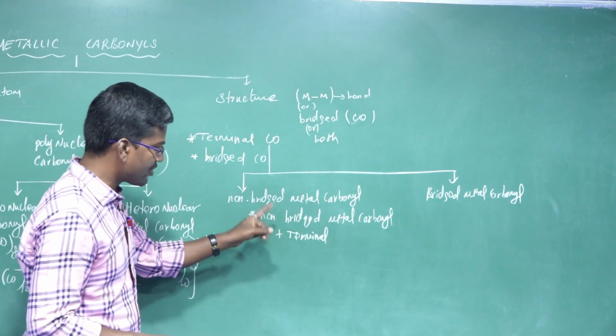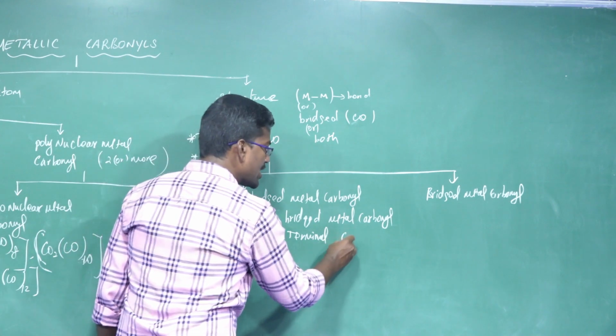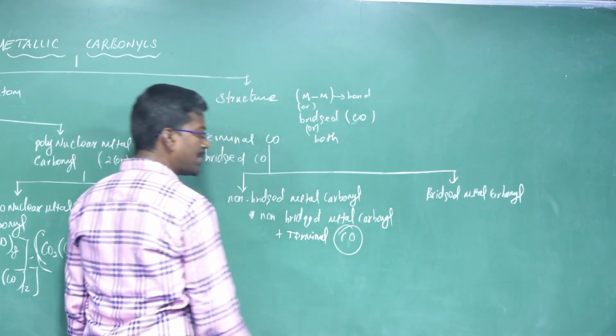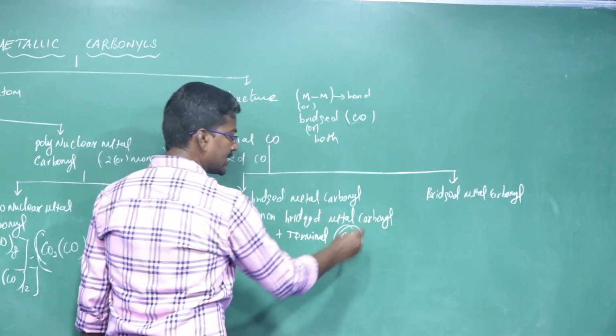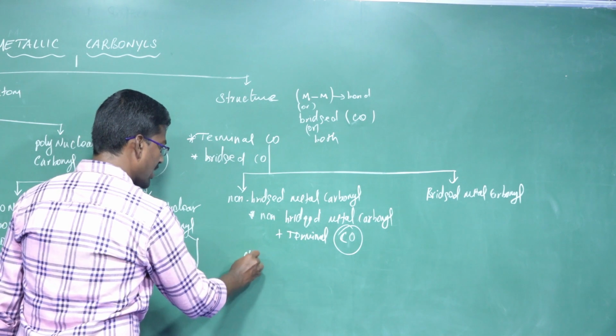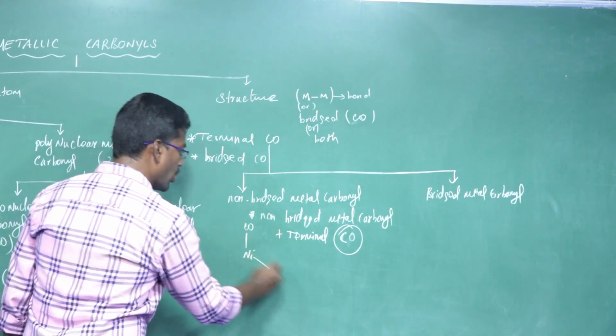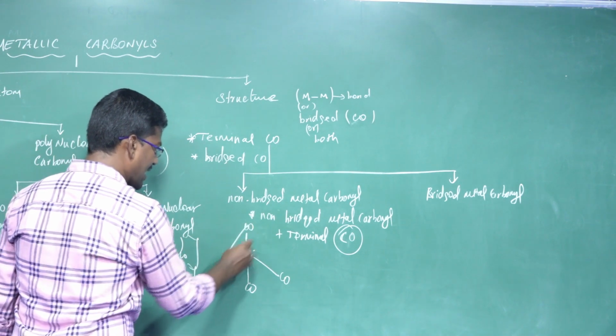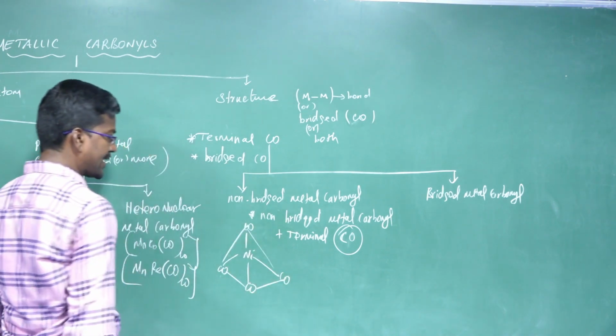Non-bridged metal carbonyl which contains terminal CO carbonyl ligands. Example, nickel, Ni(CO)4. It is a tetrahedral shape.